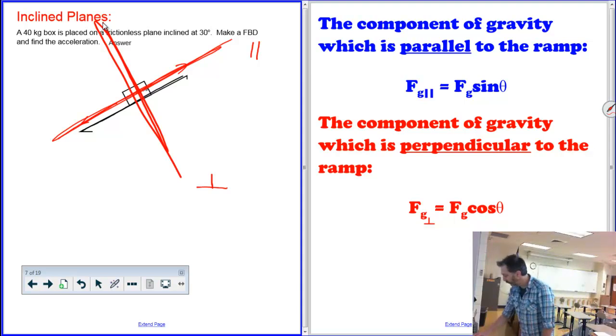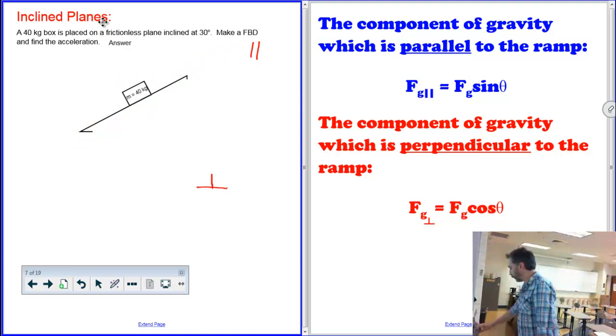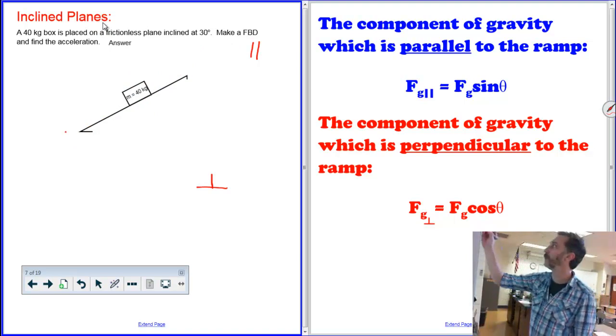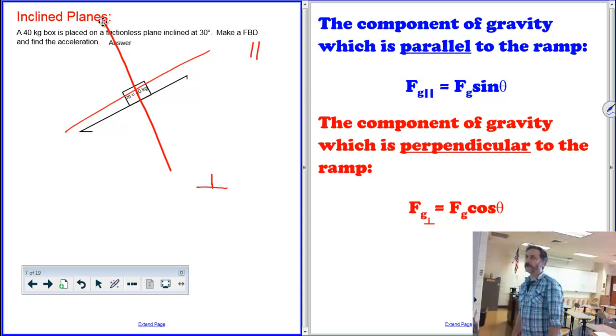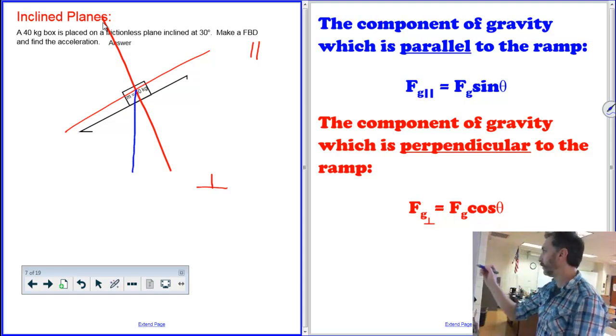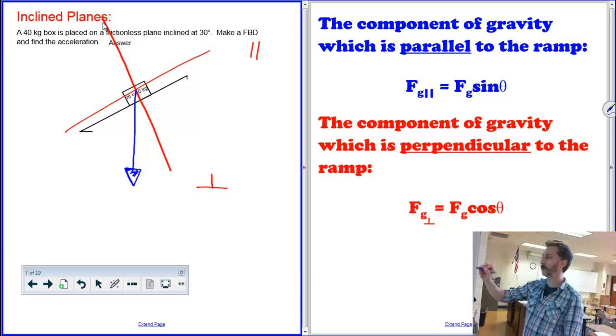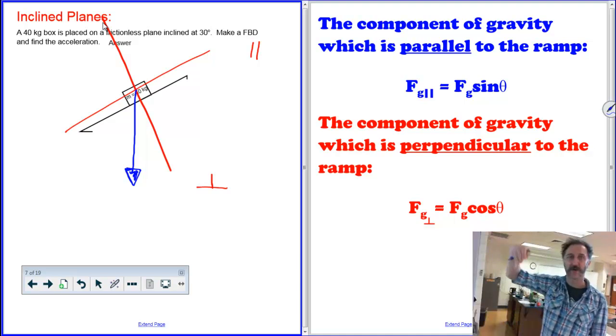Our big problem is this. I don't like how fat I drew these axes, so let me draw these again real quick. Here are my two axes: a parallel axis and a perpendicular axis. But the biggest problem is gravity. The force of gravity doesn't go, oh, well, Mr. Hecker put that box on a ramp, so I'm going to pull sideways. It's not like gravity knows to pull down the ramp.